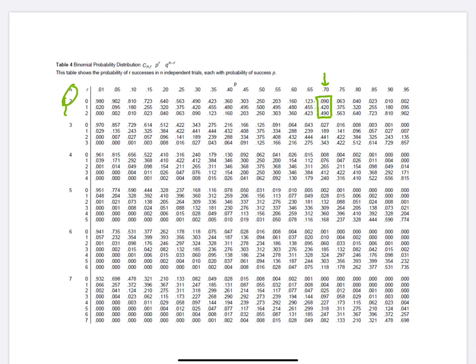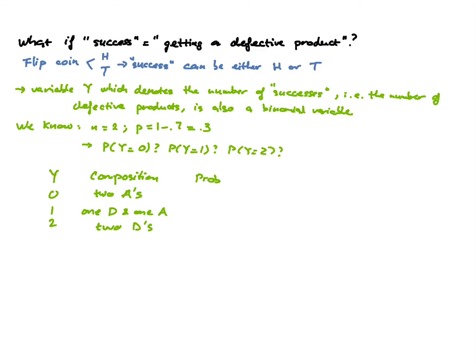Because the probability of success now is 0.3. So these are the values of interest: 0.49, 0.42, and 0.09. So this is 0.49, this is 0.42, and this is 0.09.